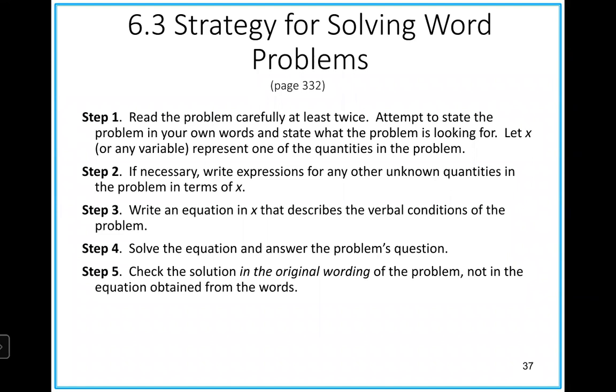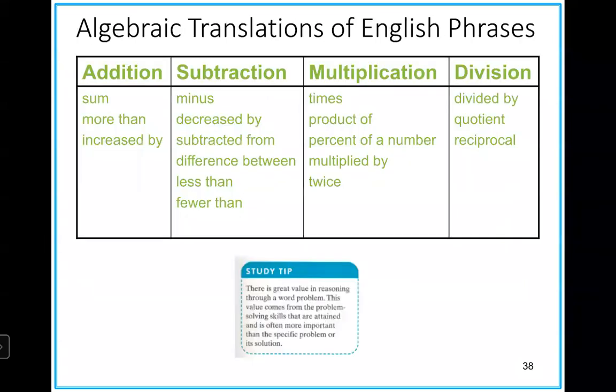Okay, and they suggest that you put the problem in your own words and try to use a variable to represent one or more of the unknowns. Okay, and then if necessary, write expressions for any other unknown quantities in terms of the variable that you're using. Then you're going to write an equation, solve the equation, and answer the question. And then you could check your answer to see if it is correct.